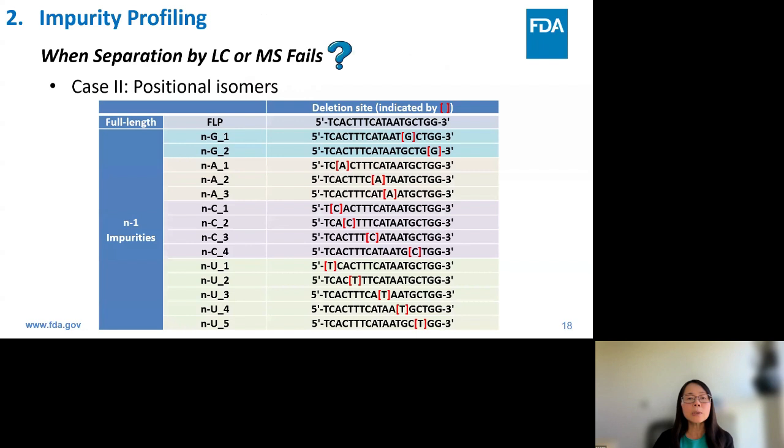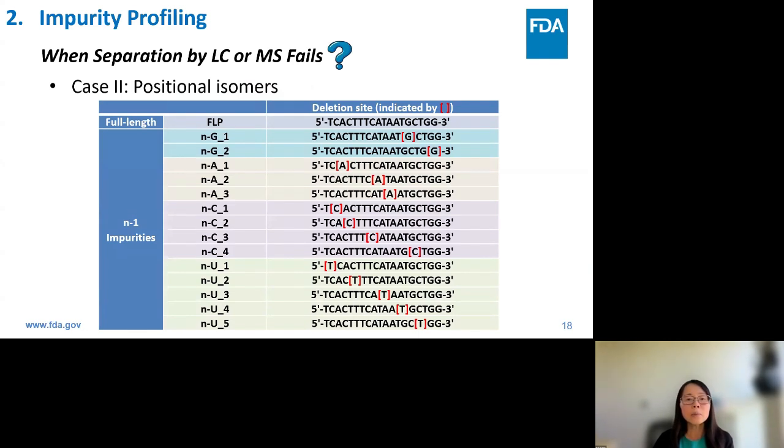And now I'm moving to case study number 2, co-eluting isomeric impurities, for example, N-1 impurities, where a same nucleotide is deleted from the full-length sequence, but from different sites. For example, for a full-length sequence shown in this table, this is the same sequence as inclisiran.